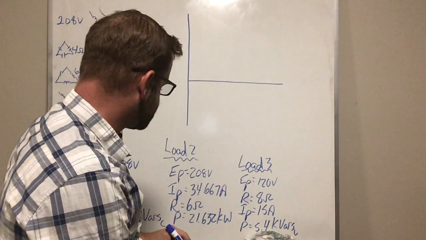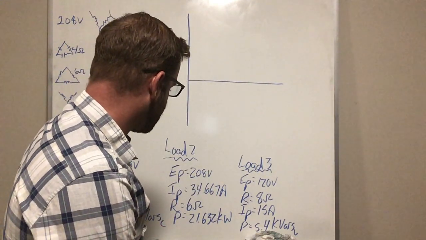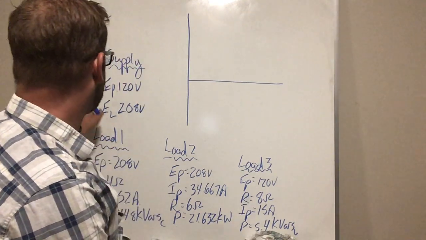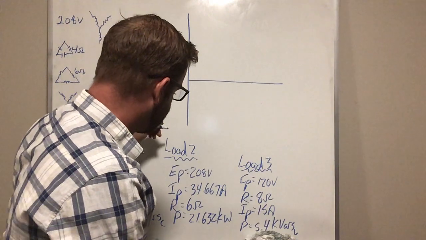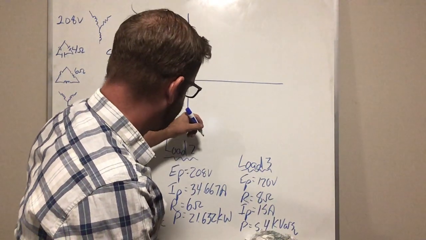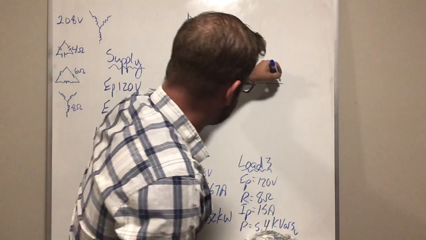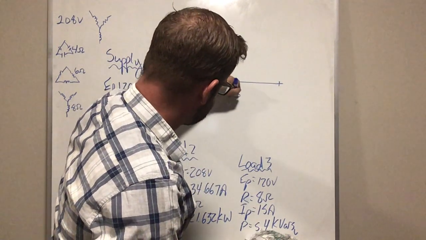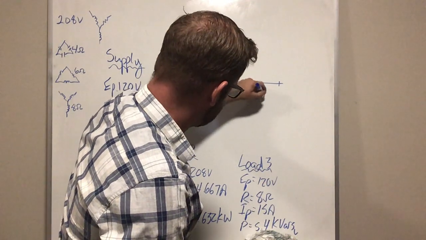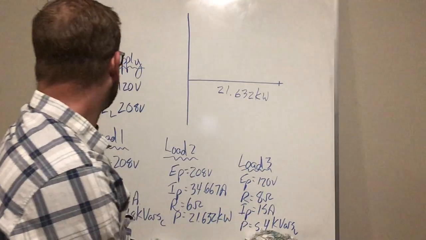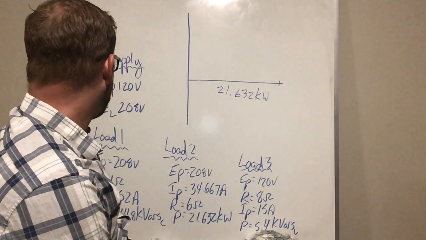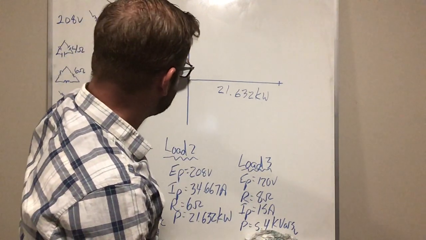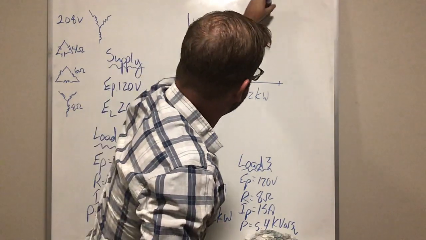Our resistor values for our power, that would be our load number 2. Load number 2, our true power, which is along the bottom, is 21.632 kilowatts. Our capacitive power is the largest of the two, so we know that it's going to be going upwards.